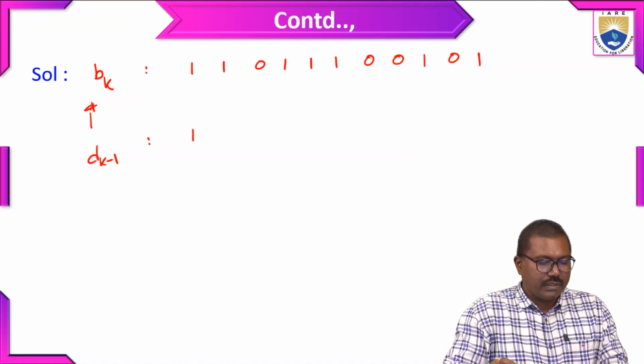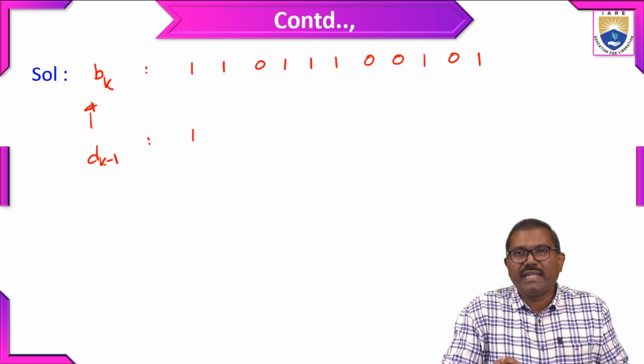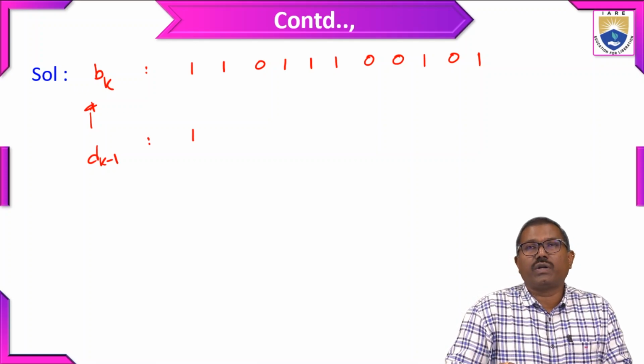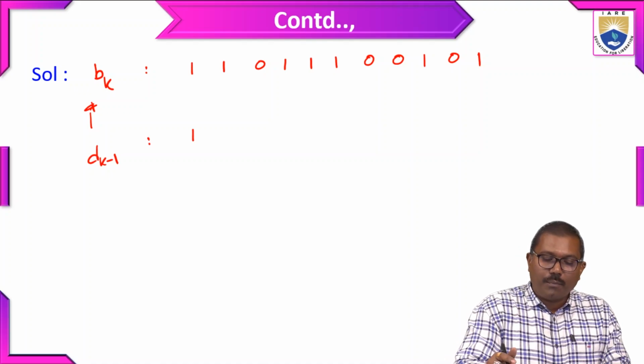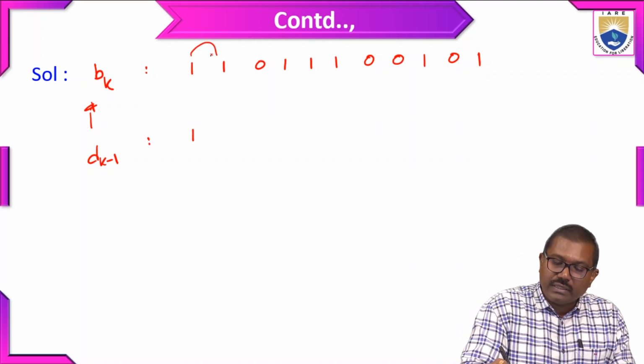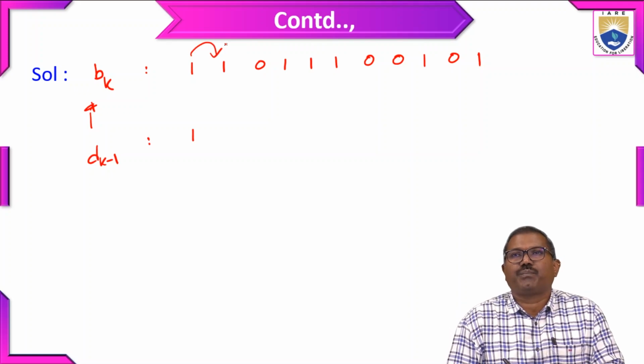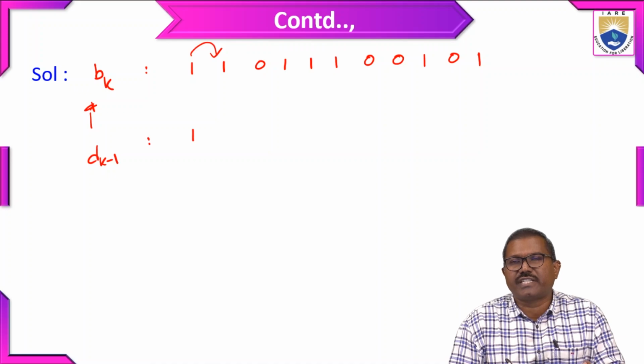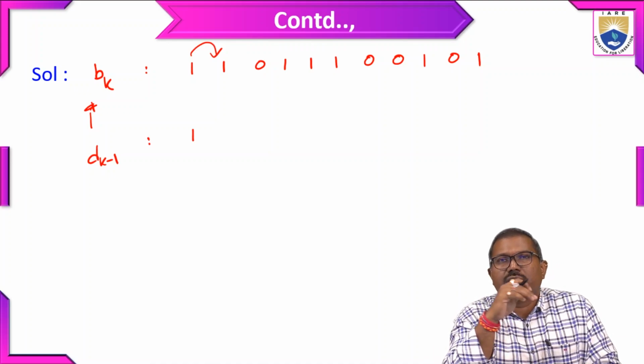How is d(k-1) produced? d(k-1) is produced by taking an OR operation on b(k), the given input bit stream.